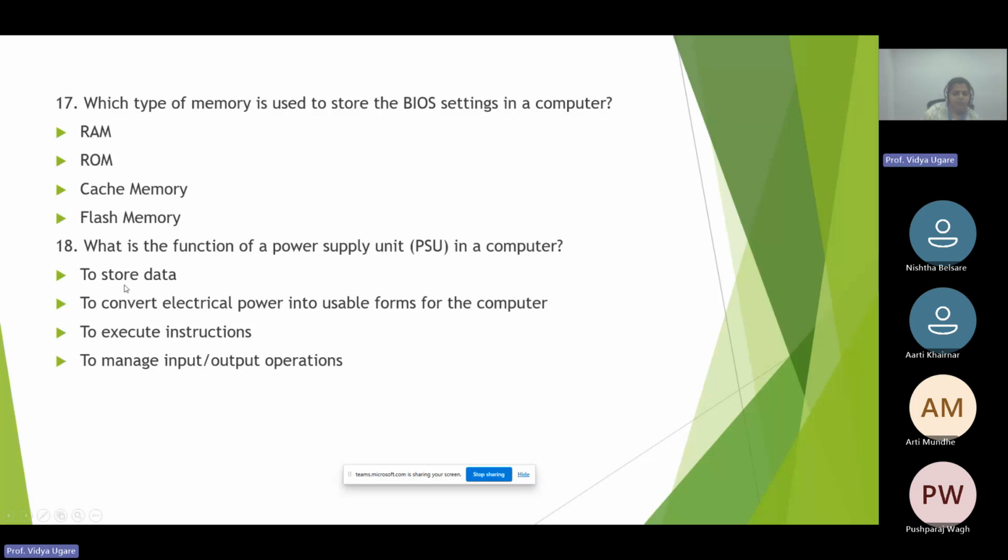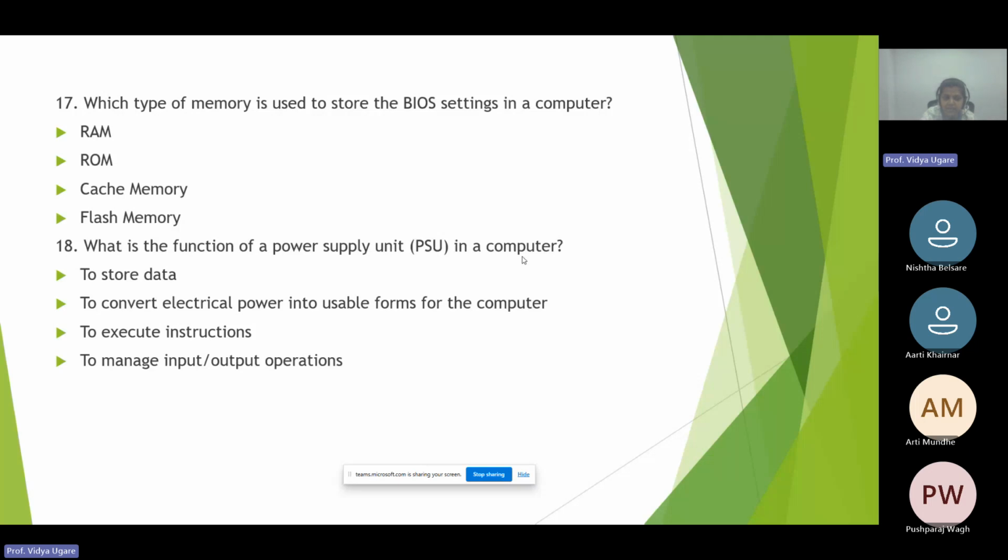Okay, now what is the function of a power supply unit, which is also called PSU, in a computer? Option B. Exactly. To convert electrical power into usable forms for the computer, because our computer doesn't understand the electrical supply, which is analog signals. These analog signals should be converted into digital pulses.